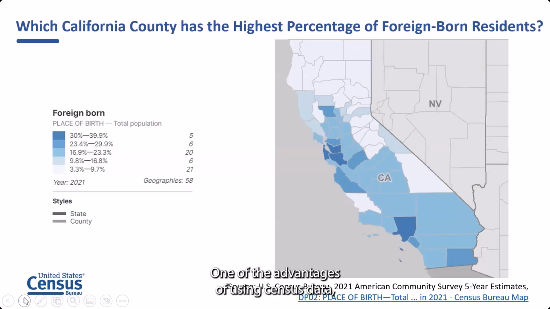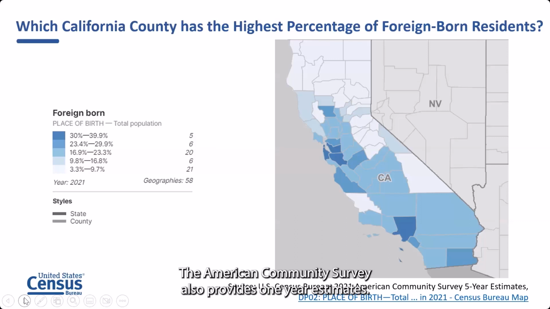One of the advantages of using census data, especially American Community Survey and decennial census data, is that it allows data users the option to drill down geographically to view local level data and trends. And before I show you the information for California, I want to point out that this particular data, and you'll see the source at the bottom, comes from the American Community Survey 5-year estimates, which are really our best American Community Survey source for accessing local level information, as well as data for smaller population groups.